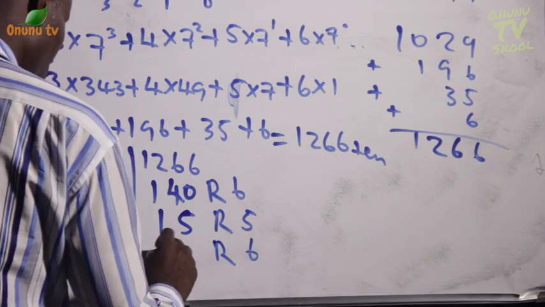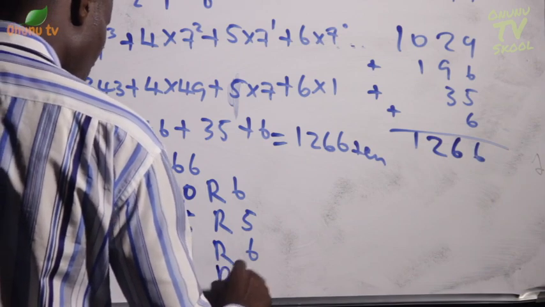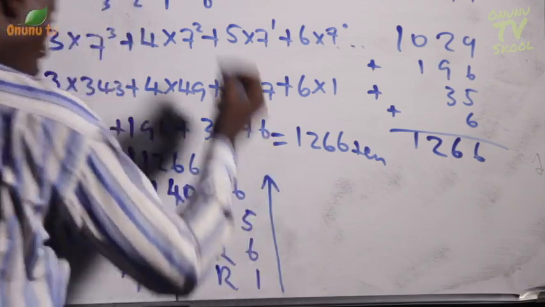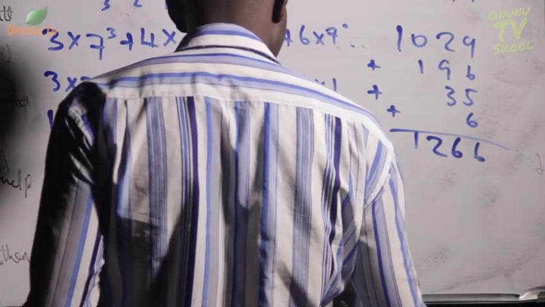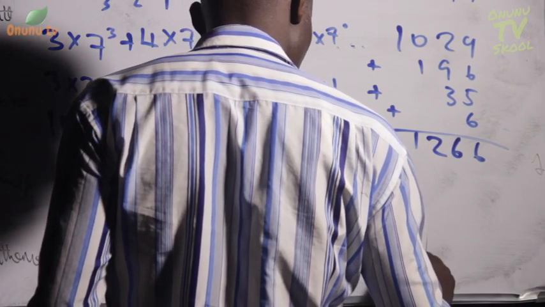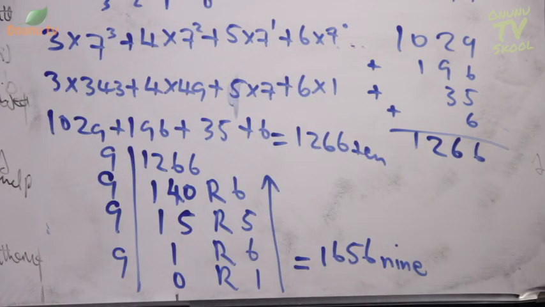And 9 into 1 is 0, remainder 1. We use our bottom up technique from down to up. We pick, and this is equal to 1656 base 9. So we have converted to base 9 from base 7.